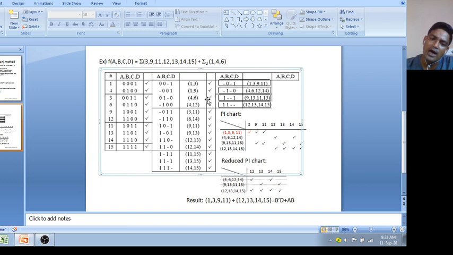Okay, all are used, so there is no left prime implicant. If suppose this 1 3 is not covered here, you will write it down in this table. Here all are covered, so tick all the terms, because each is comparable at least one time.